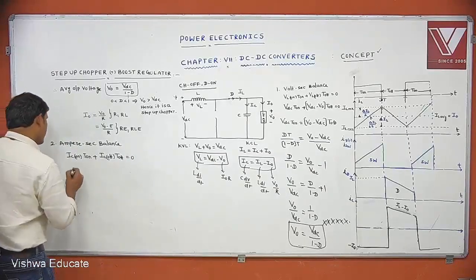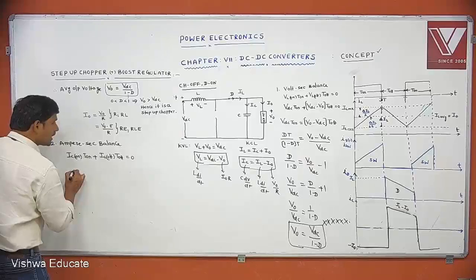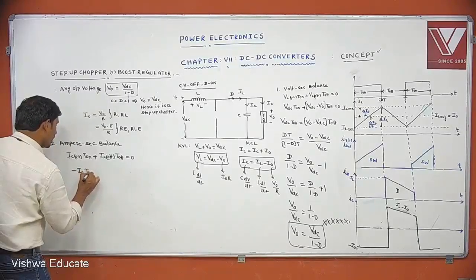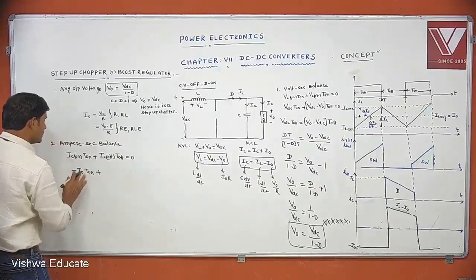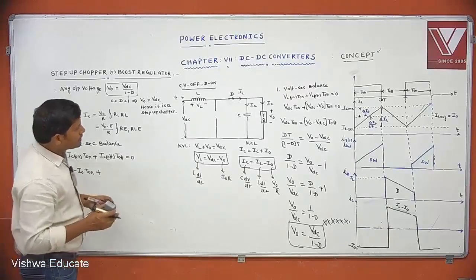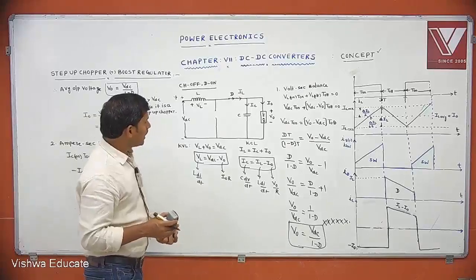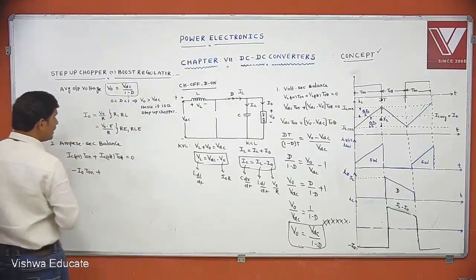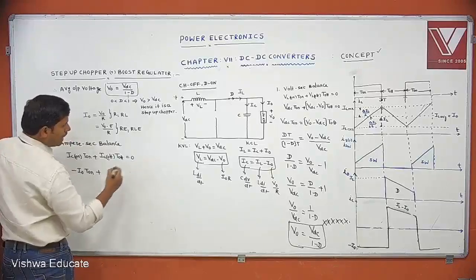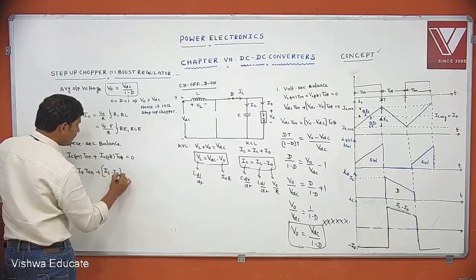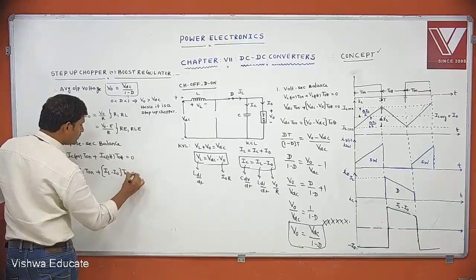In on time, what is the capacitor current IC? IC equal to minus I naught, into T on. What is IC in off time? IL minus I naught, into T off, is equal to 0.